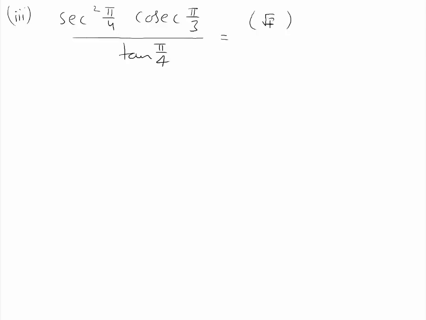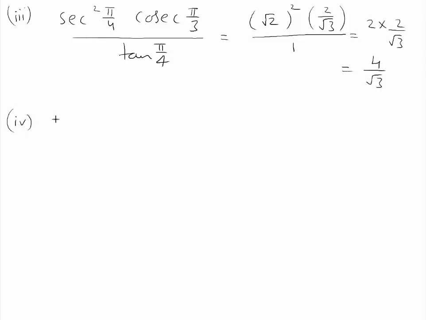So that's root 2 and the square. Cosec pi by 3 is reciprocal of sine pi by 3, which is 2 by root 3, divided by tan pi by 4 is 1. So finally we will get 2 multiplied by 2 by root 3 equals 4 by root 3.